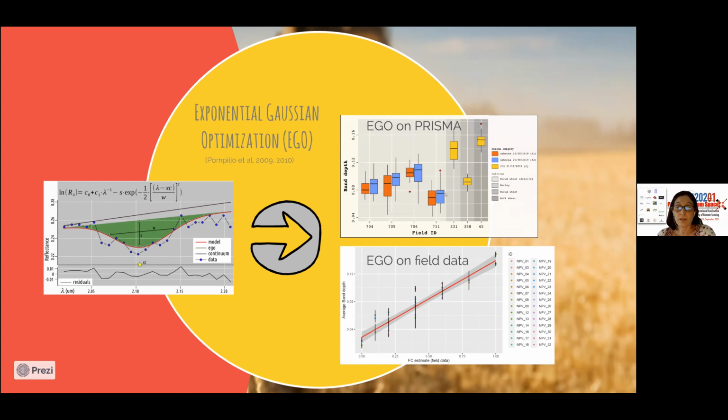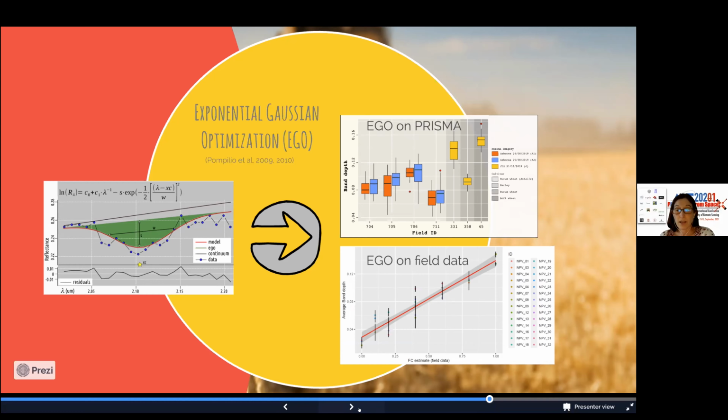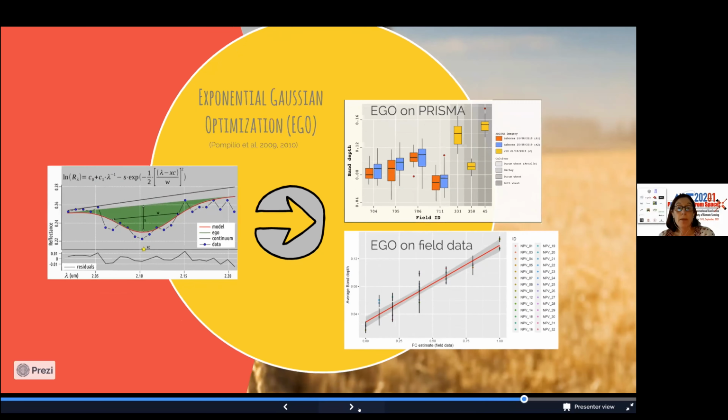Those are different durum wheat varieties, and this is barley and this is soft wheat. And this band depth works really well with field data when it comes to estimating the fractional crop residues.